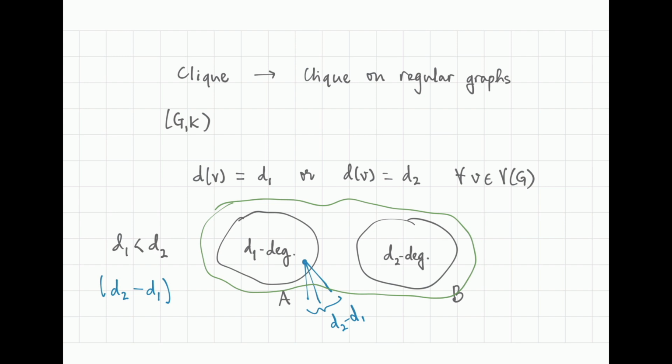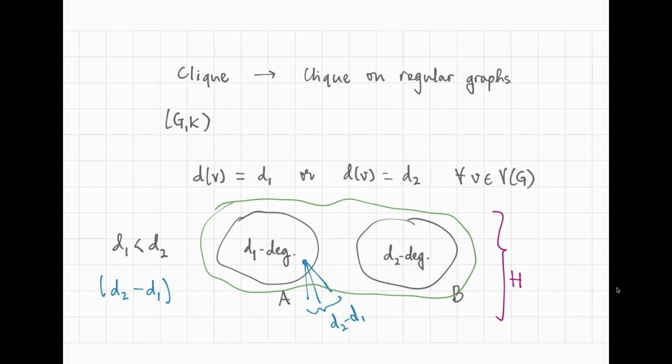And the vertices in A had degree D1 to begin with, and now they have D2 minus D1 new neighbors. So if you add up the number of old neighbors and the number of new ones, you see that they all have degree D2 as well. So if I call this graph H, the one that I just constructed in this way, you should be able to show that G has a clique of size k if and only if H has a clique of size k as well.